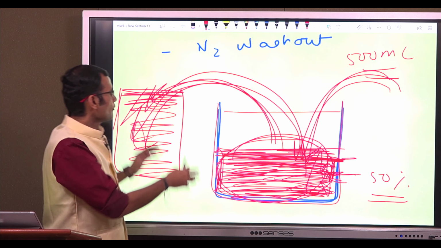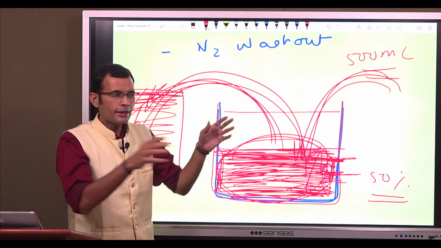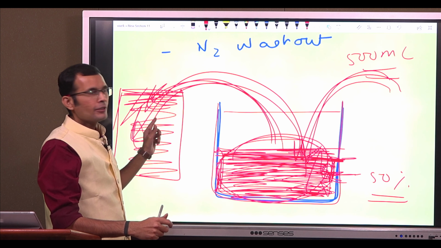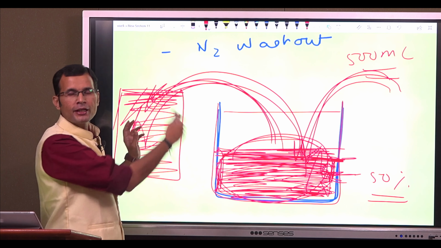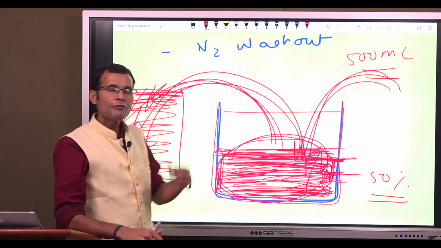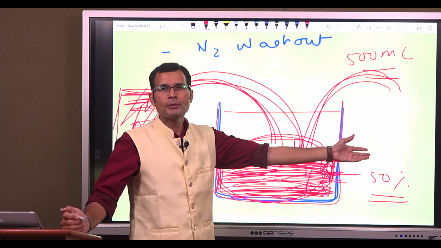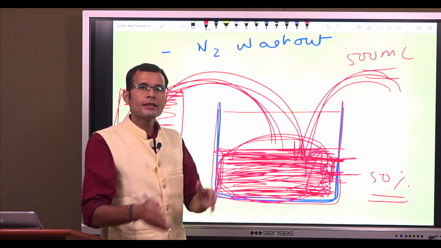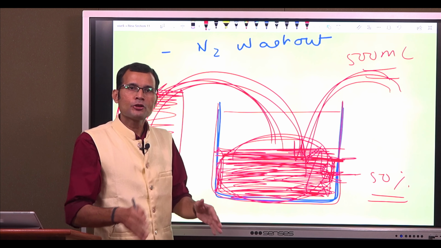Now we have collected all the nitrogen present in the residual volume, and we will measure the volume of nitrogen in the bag. If it is 800 ml, then naturally the residual volume will be 1000 ml, because the first assumption was that 80% of the air in the residual volume is nitrogen.